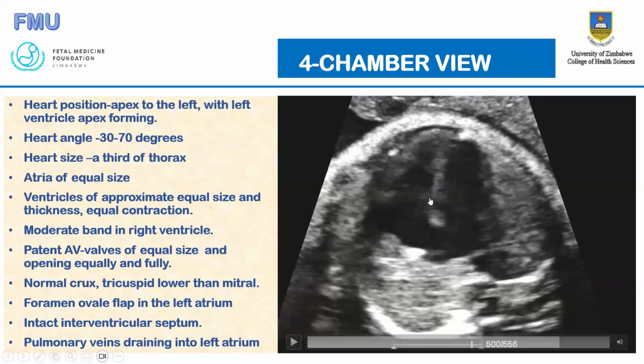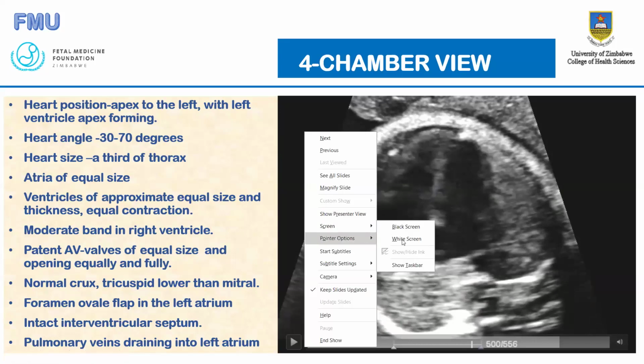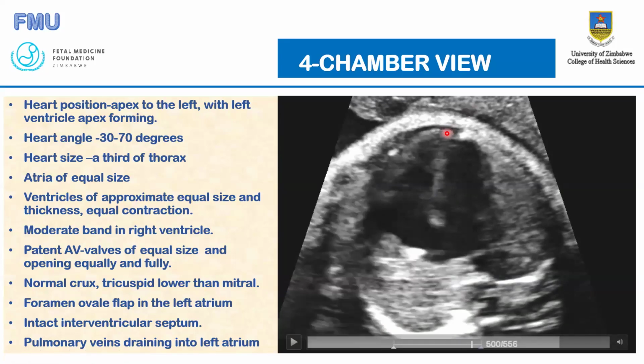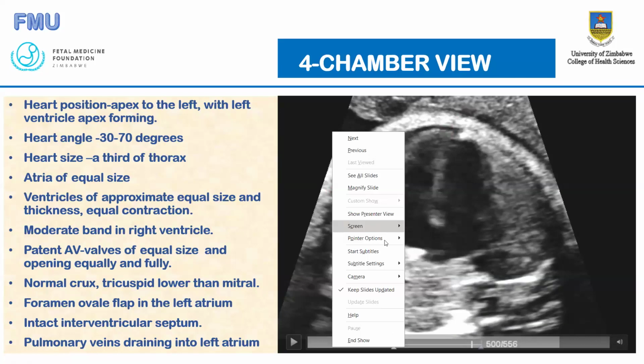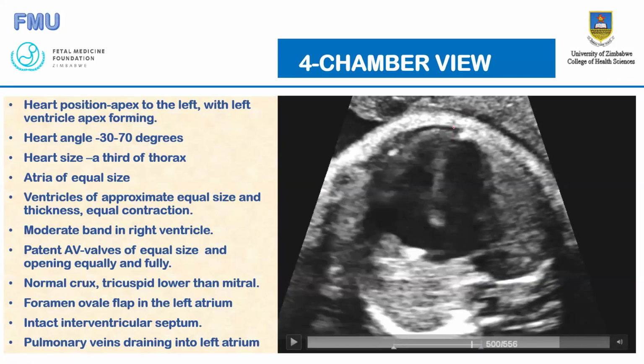How does one do the cardiothoracic ratio? We do it by measuring the circumference of the heart. The application in the machine will allow you to do this. So you measure the circumference of the heart like this. So this is the cardiac circumference. Then the next thing is to measure the thoracic circumference following the rib position.